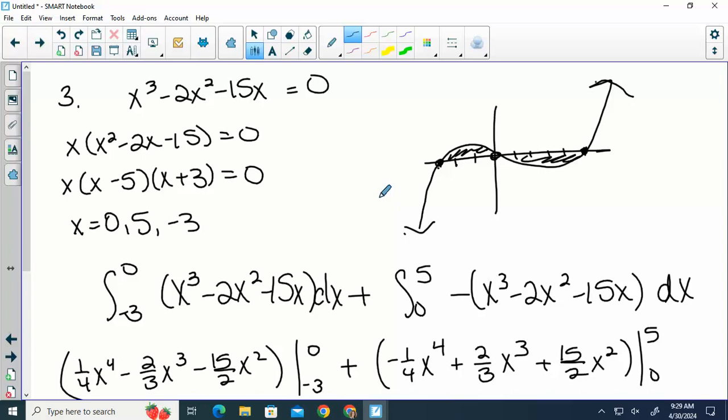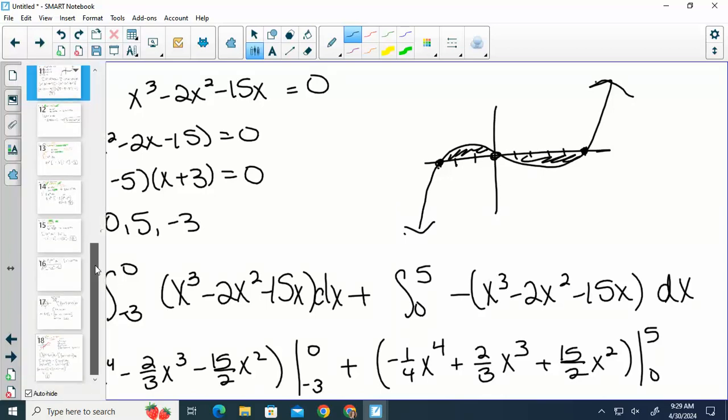Does that make sense? Yeah. So when you're doing the x-axis, it's the same thing, top minus bottom. It's just that other curve is 0. So it's like either the top curve minus 0 or 0 minus the curve underneath, which makes it a negative. All right, thank you. You're welcome.